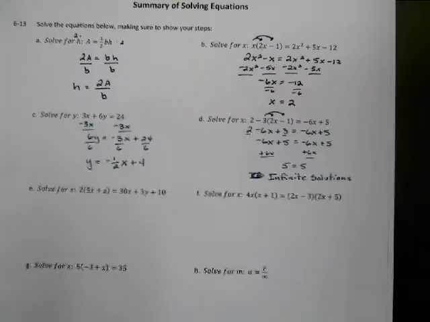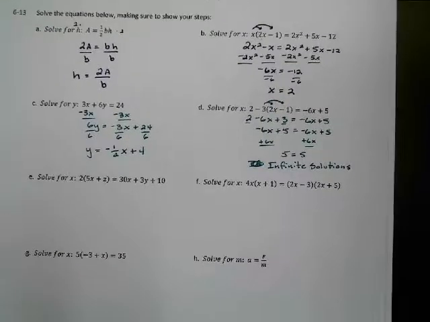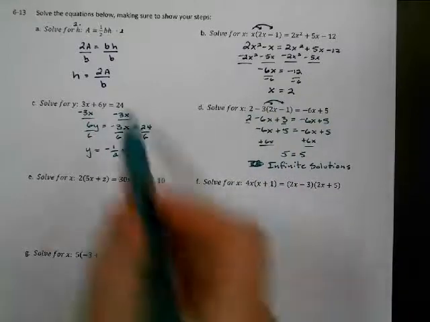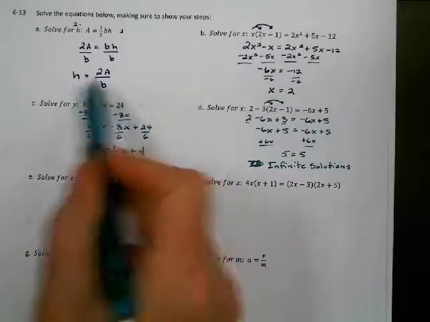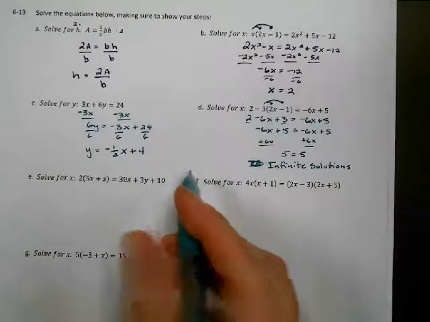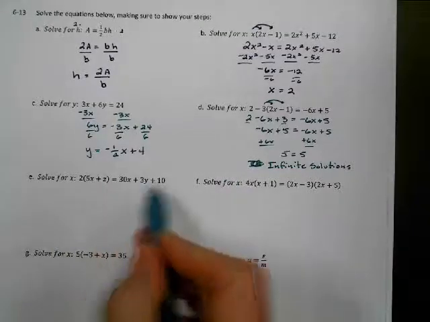Next one. Okay, so I've got x's and z's and y's. Oh my. So on this one, looks like I'm not going to have just an answer like x equals 2. I'm going to get something where my variable x is going to equal a whole bunch of stuff. So I would probably distribute the 2 because 2 doesn't go into all 3 of these.